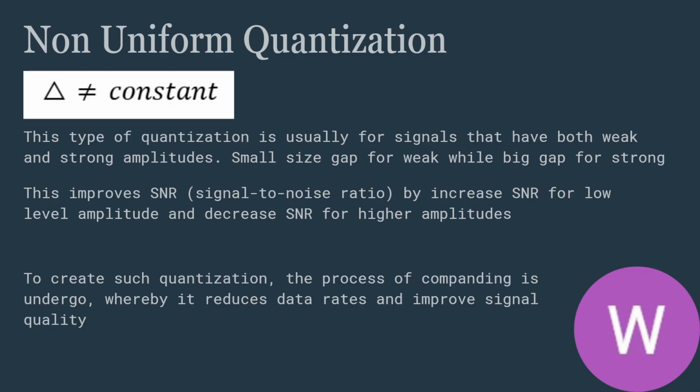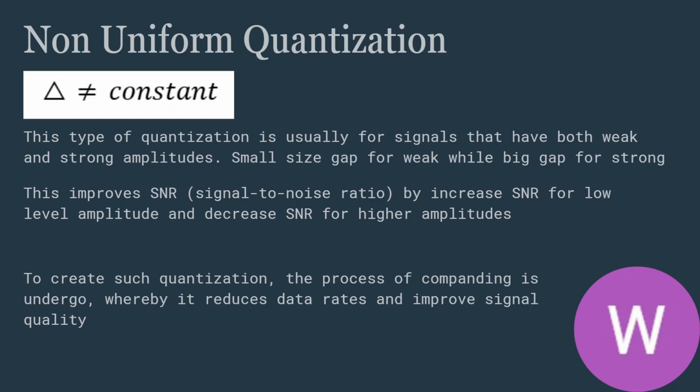Just now we discussed uniform quantization. So now we discuss non-uniform quantization. Because it's non-uniform, it means that the quantization interval is not constant. This type of quantization is usually used when we have sampled signals that have both weak and strong amplitudes.